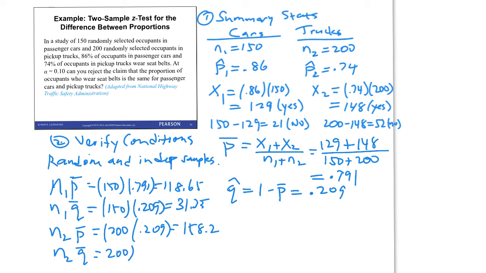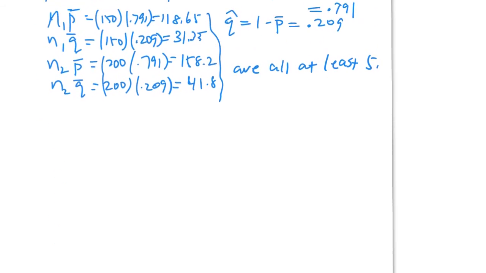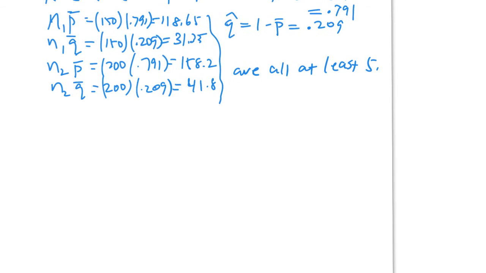And 200 times 0.791, that's going to be 41.8. And you see here that these are all at least 5. All right. So those first 2 steps in this 2 proportion test, they can be a little tedious.